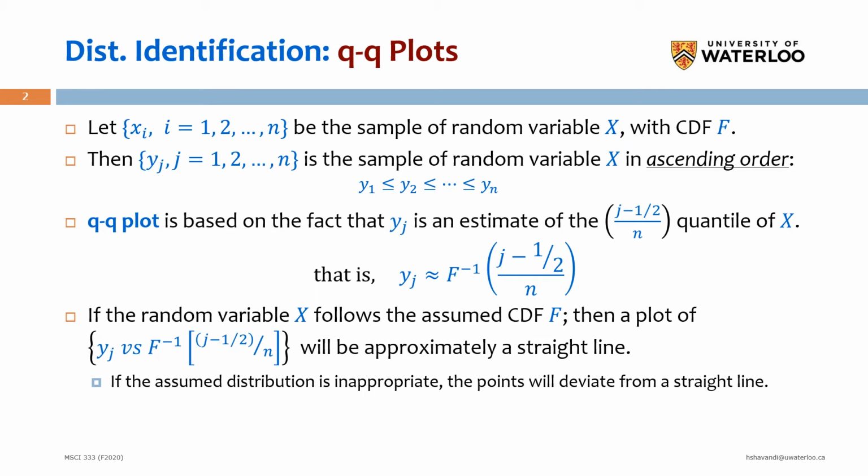The first method we have for distribution identification, or a method for testing goodness of fit, is the QQ plot.